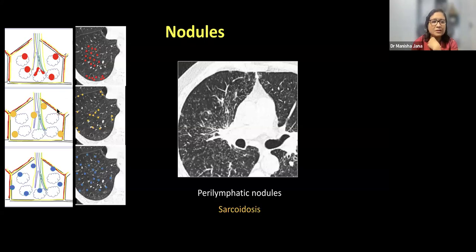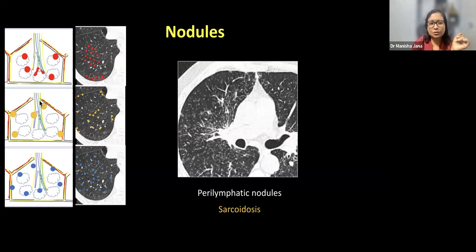So this is the central interstitium, and this is the interlobular septa. So whenever we are having nodules which are located in the center of the acini, these are centrilobular nodules. Sometimes the centrilobular nodules just fill the distal part of the airway. So this is how the tree in bud appearance looks like.